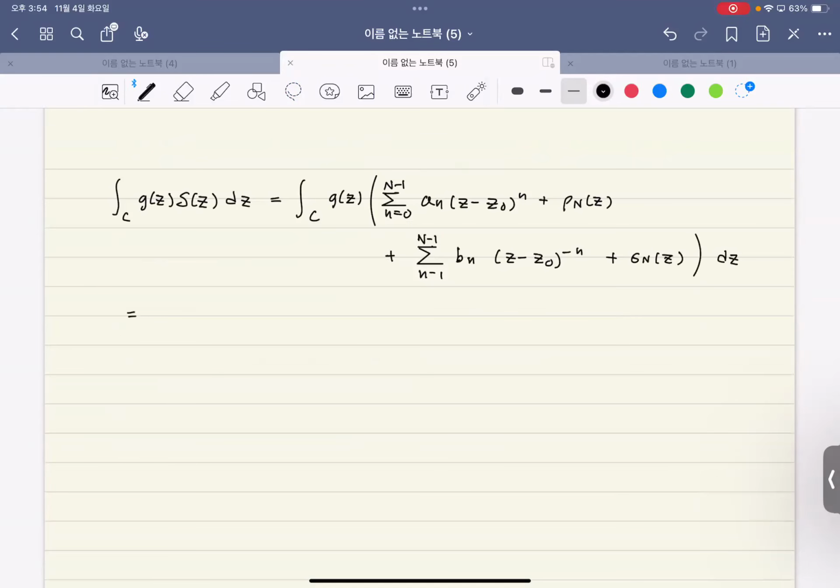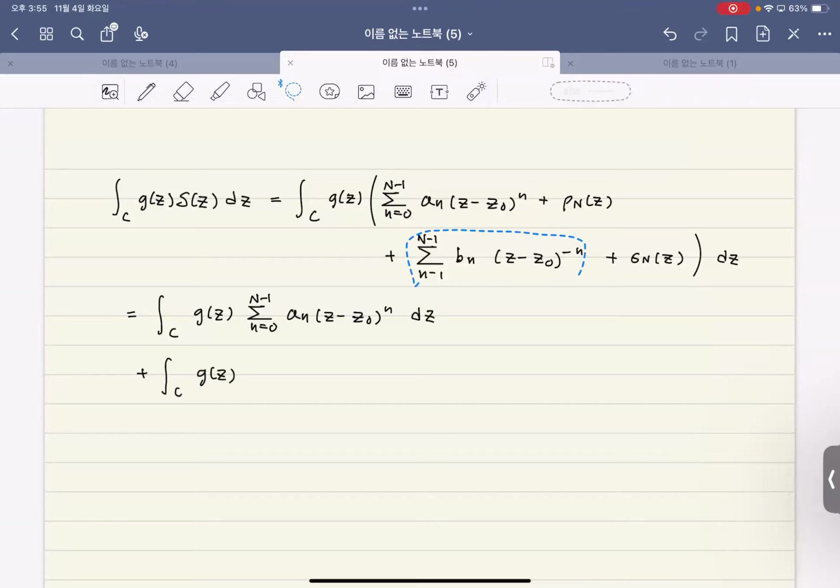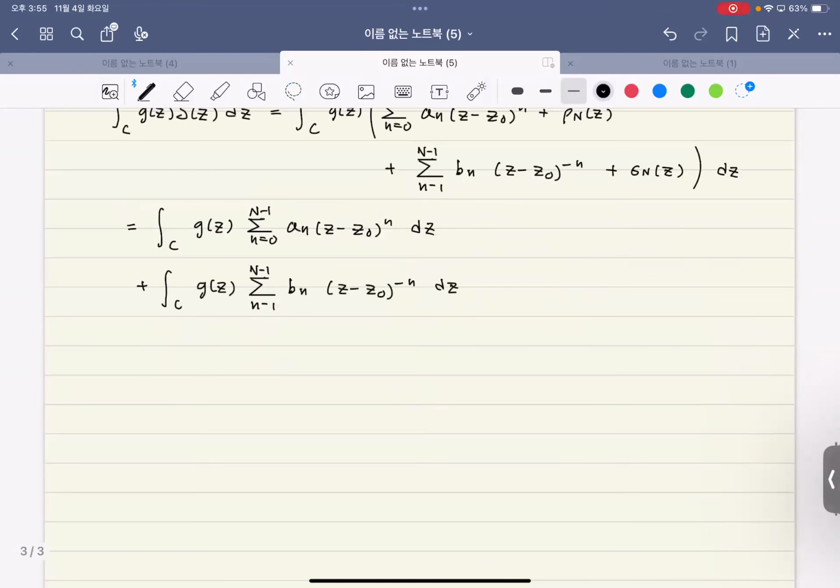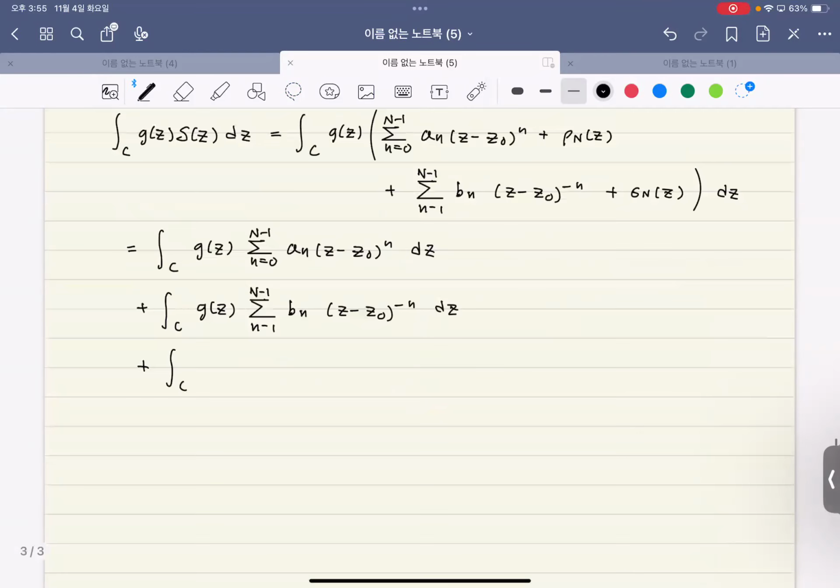So this is the integral of g of z times the partial sums dz, plus the integral of g of z and rho n of z dz, plus another integral of test function g of z times sigma n of z, everything by dz.